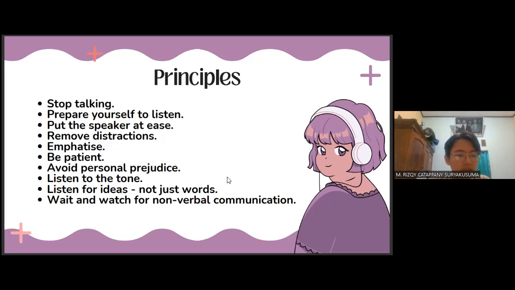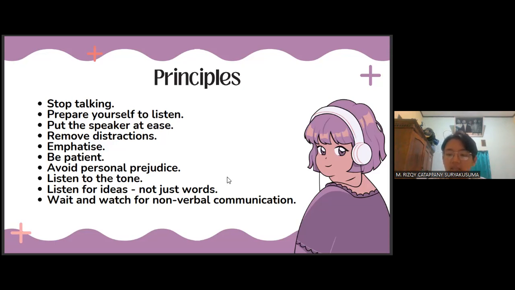And the next is be patient. We cannot be in a rush. We cannot listen in a rush. So we have to be patient. We have to comprehend it. We have to understand it so that we have a good understanding about the material that was given.